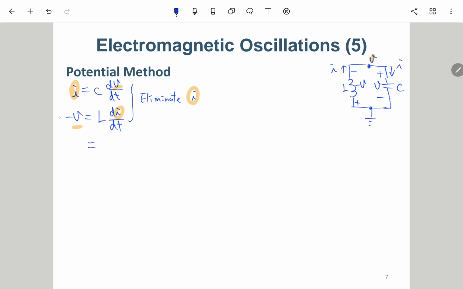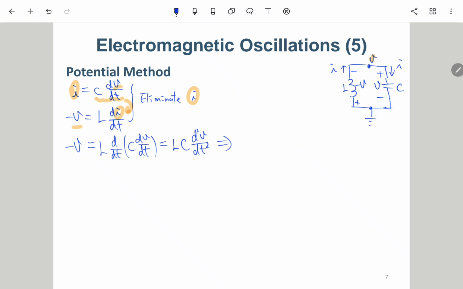For the second equation, negative V will be nothing but L times d/dt, and then we put in the I here, which is C dV/dt. C is a constant, so it is nothing but L times C, and then it becomes the second derivative of V with respect to time.